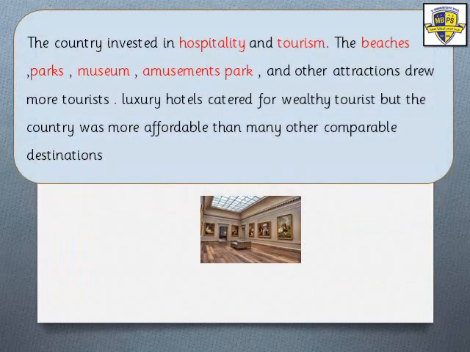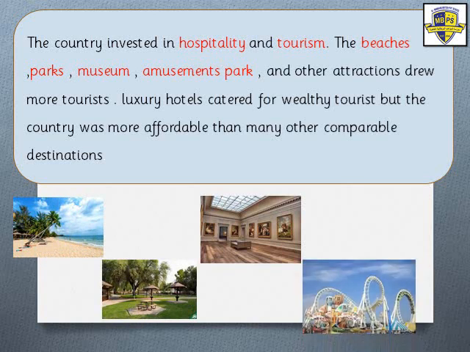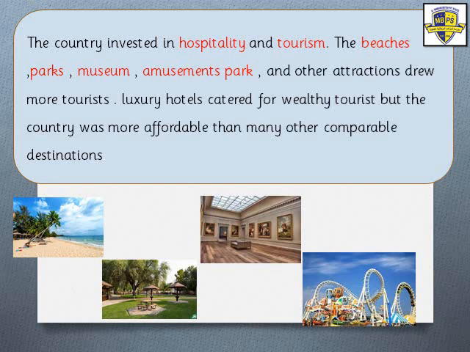The country invested in hospitality and tourism. The beaches, parks, museums, amusement parks, entertainment parks, and other attractions drew more tourists. Luxury hotels catered for wealthy tourists, but the country was more affordable than many other comparable destinations.